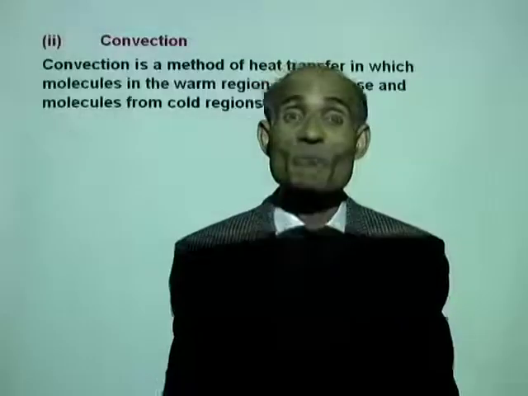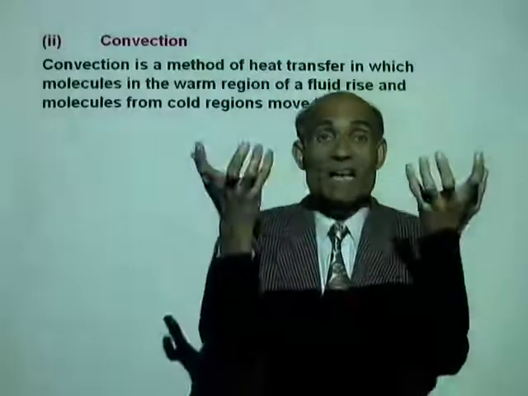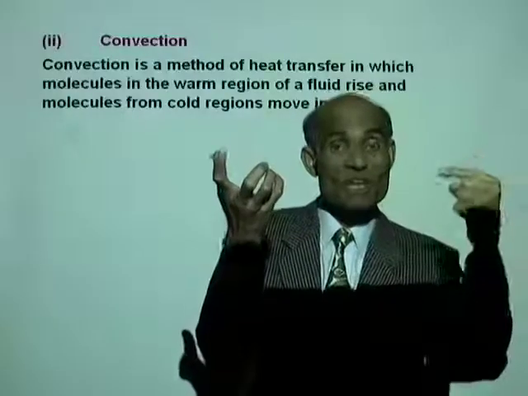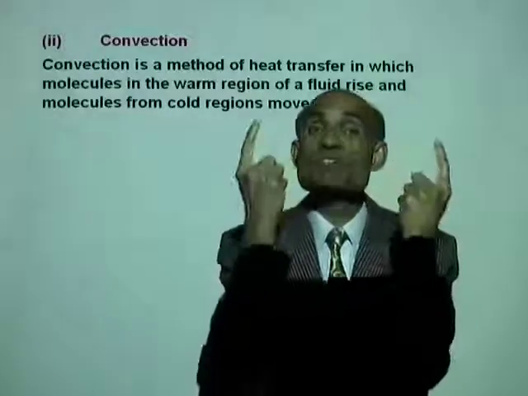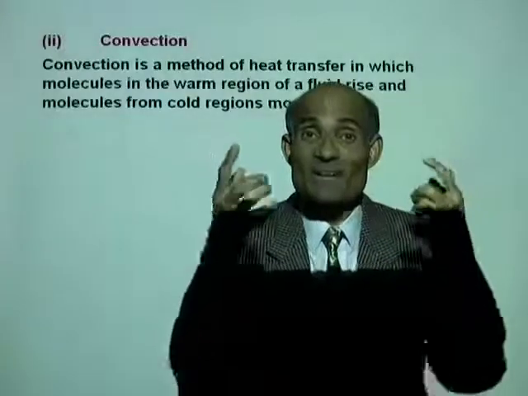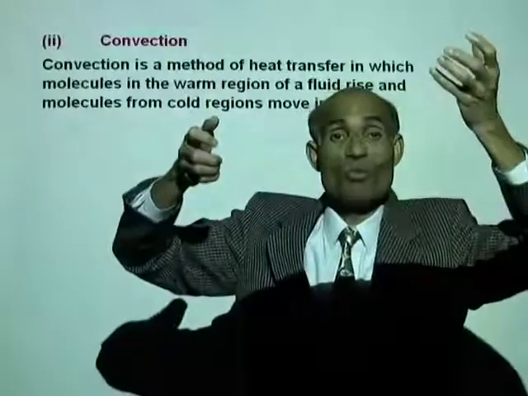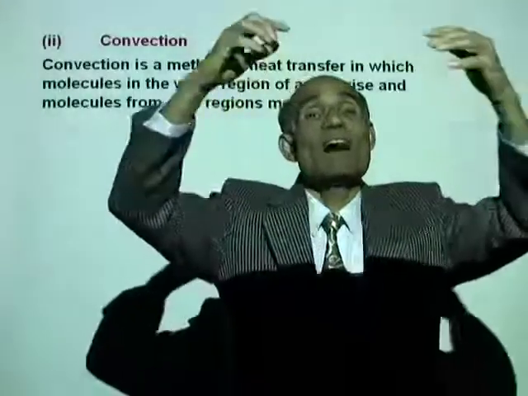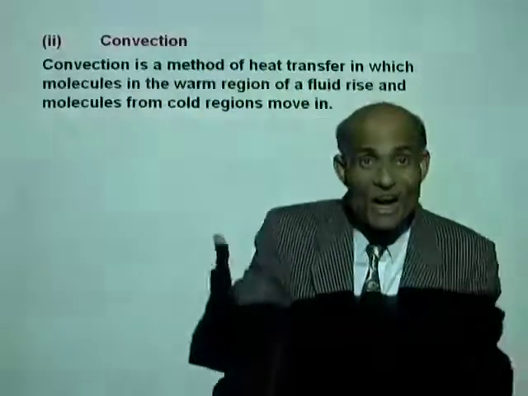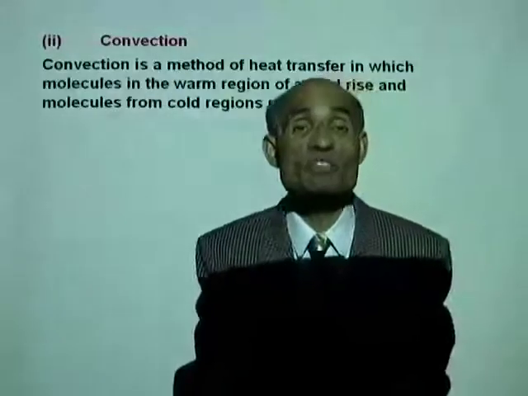This is because when heat is supplied to an object, it will expand, as we saw in the last part of this lesson. When an object expands, its density decreases. Is that right? A lower density means the object will become buoyant, just like a cork float in water. Air with low density will rise and cold air will sink to come and take its place, causing what is called a convection current.